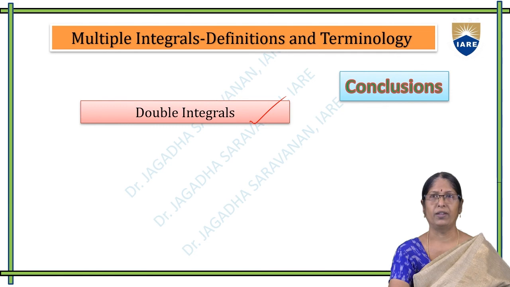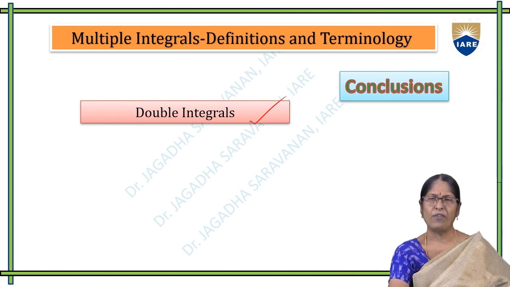Regarding the double integral, we discussed the Cartesian form, which has a coordinate system in the xy dimension. Then polar form in two dimensions, where the radius and angle are important. Then we connected the defined double integral formula to evaluating the region.